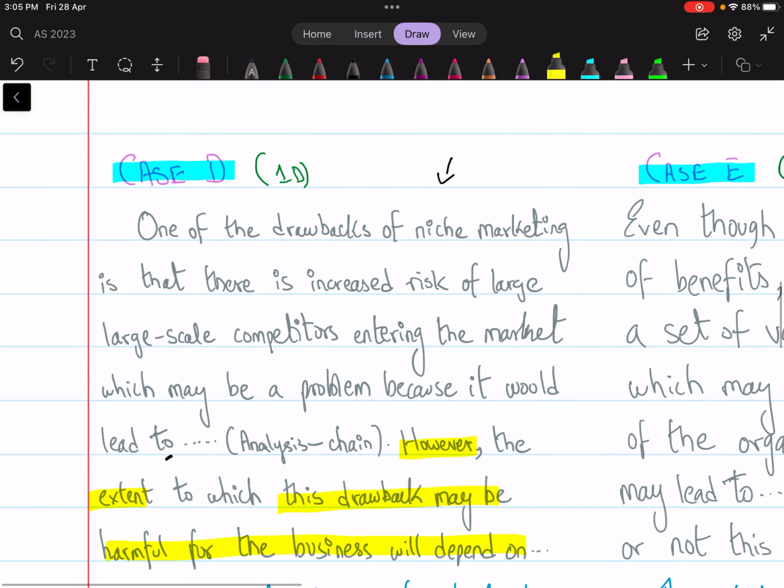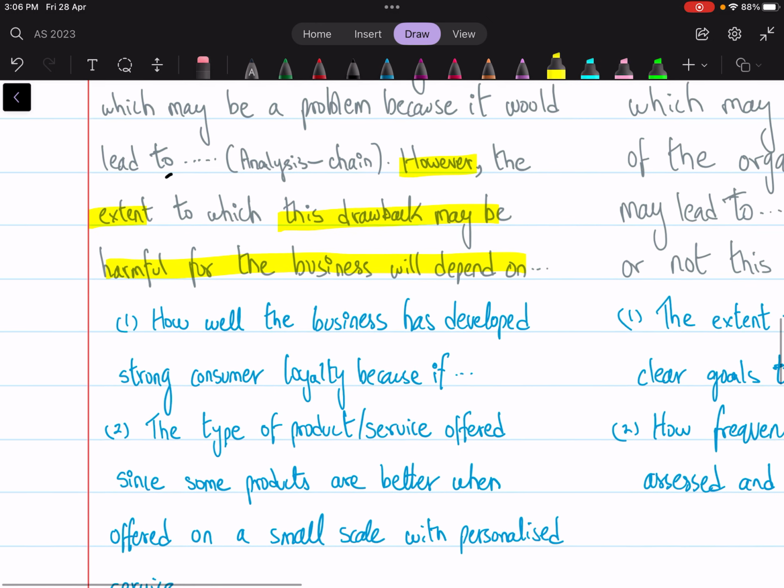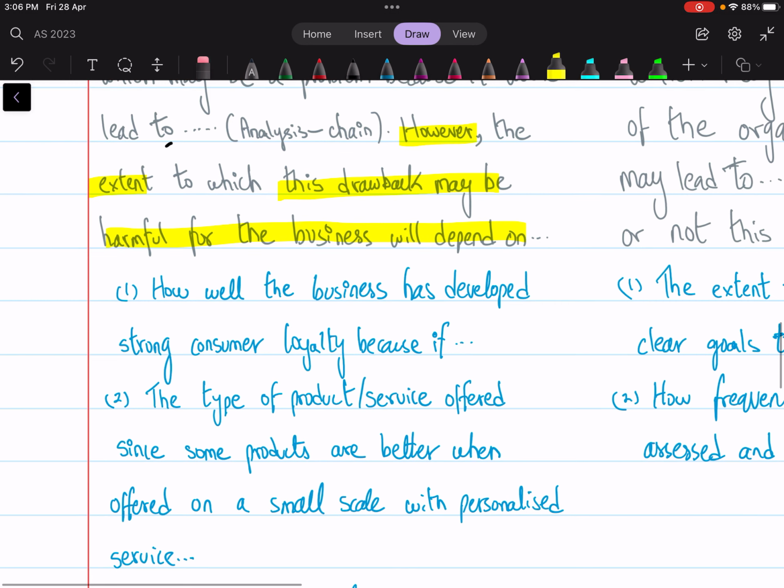Because if I am a small business, I will have the benefit of offering individual service, of catering to each customer personally. And despite large scale businesses offering services at lower prices, many customers look for individual experience and are ready to pay higher prices. So much would depend upon how well the business has developed strong customer loyalty.